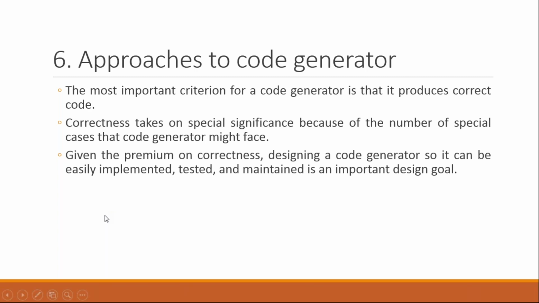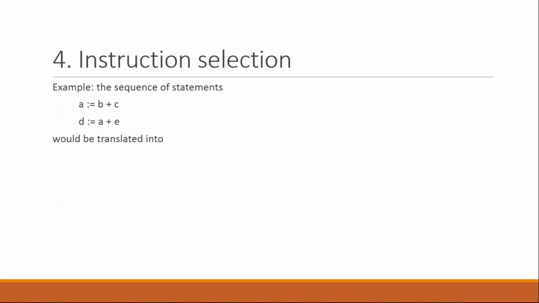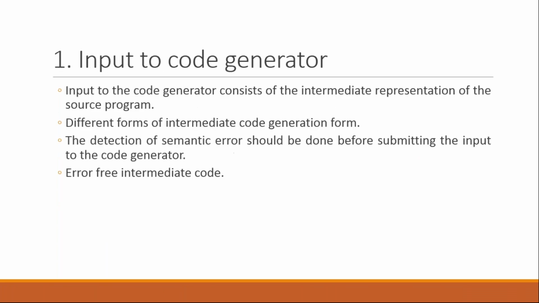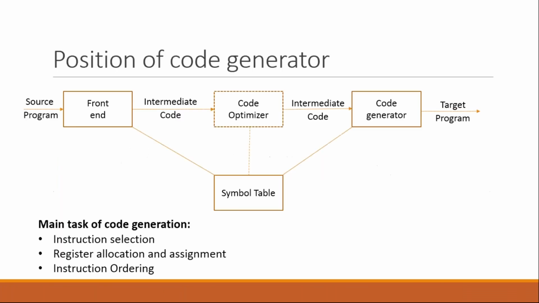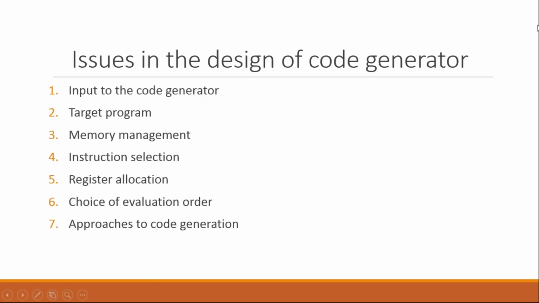So let's revise what we discussed previously. What is the position of my code generation phase? Yes, all are aware of that. How can we solve the sixth issue? We'll see in the next session. We have different techniques in this chapter, and using those techniques we can resolve that type of issue.